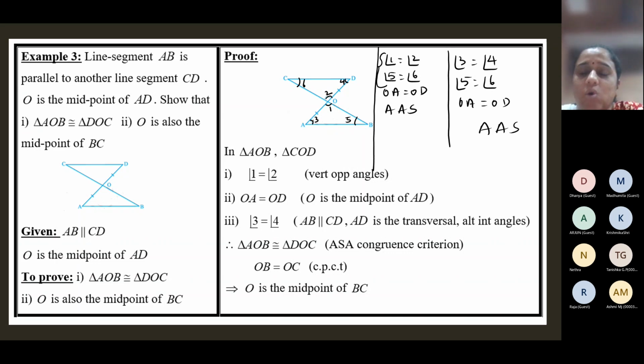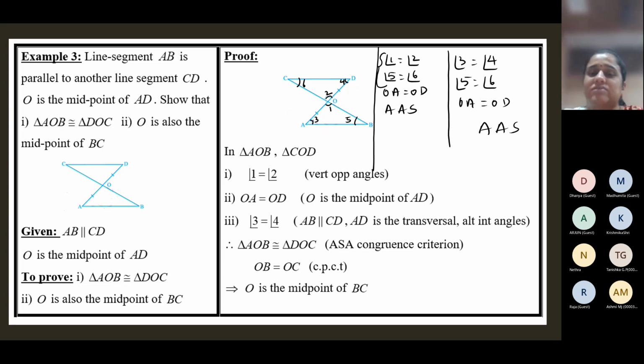OA. In the other triangle, you have mentioned angle 2 and angle 6. So which side is included between the angles 2 and 6? OC, ma'am. OC. But you have mentioned which side? OD. So it is 2 angles and some other side, not the included side.